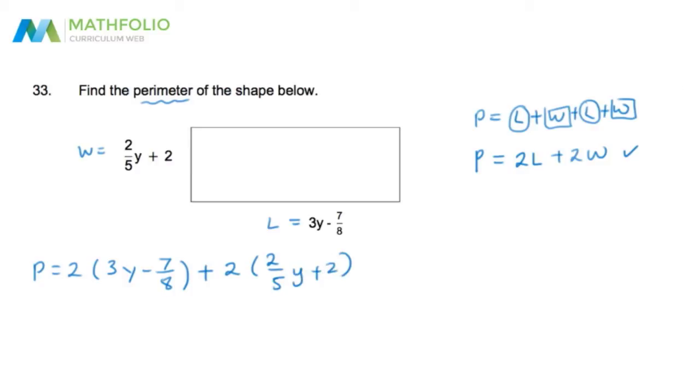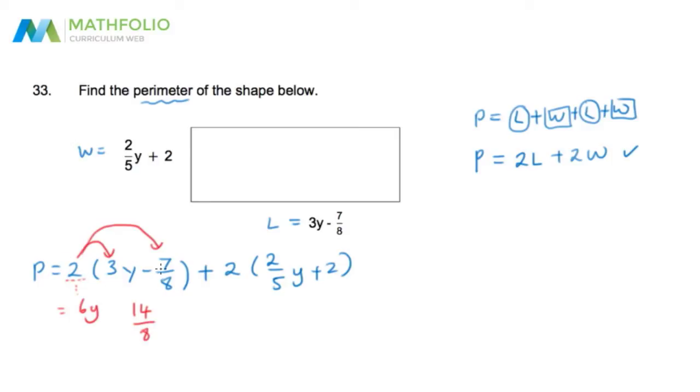So now, in order to answer this, we have to simplify it a little better. To be honest, how it's written is a correct answer. It's just not simplified. So we've got to do 2 times 3y, which gives us 6y. We then do the 2 times the 7/8, which gives us 14/8. And if we need to, we can just remember this whole number 2 is really 2/1, and then do 2/1 times 7/8, gives us 14/8.